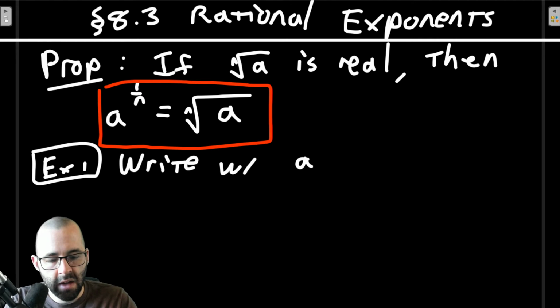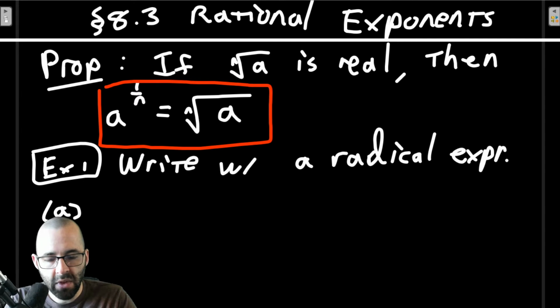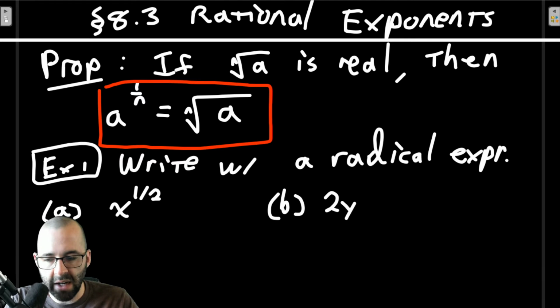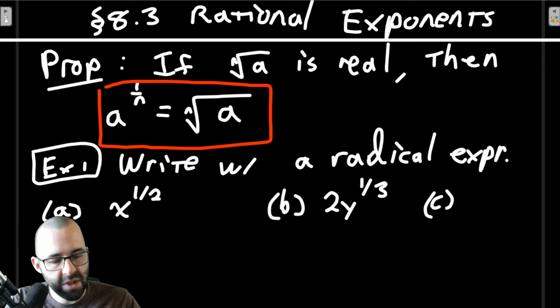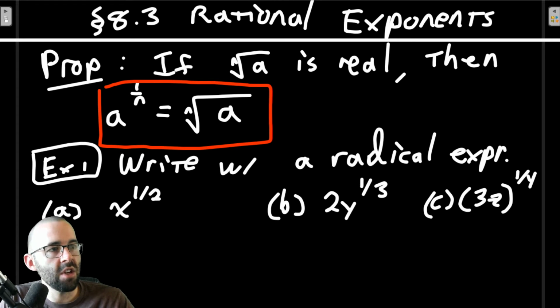Write as a radical expression. In part A, we'll look at x to the 1/2. Part B, we'll look at 2y to the 1/3. And in part C, we'll look at (3z) to the 1/4. So really the hardest thing here is just remembering your parentheses.